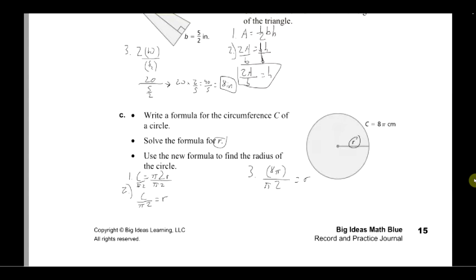Now if we look here, we can rewrite this a little bit so it looks nicer, which would be 8 pi over 2 pi. Pi divided by pi any day of the week is just going to be 1, so that disappears. 8 divided by 2 is just going to be 4. So our radius equals 4 centimeters. Does that make sense? I would say that does.